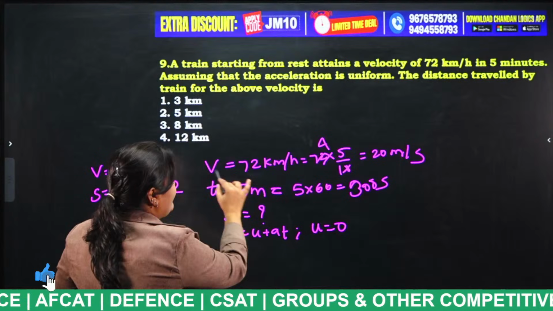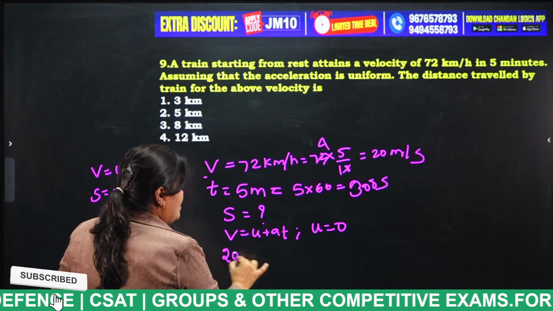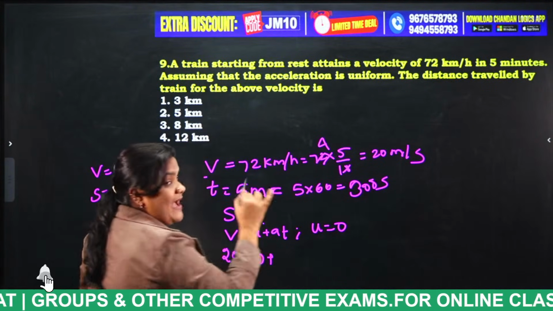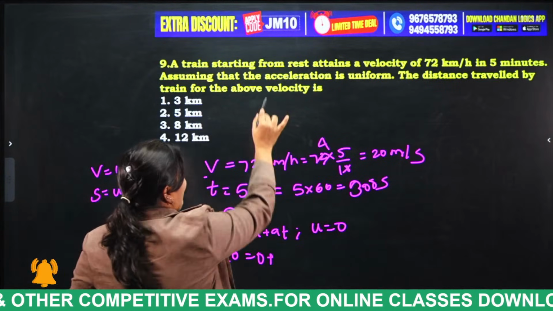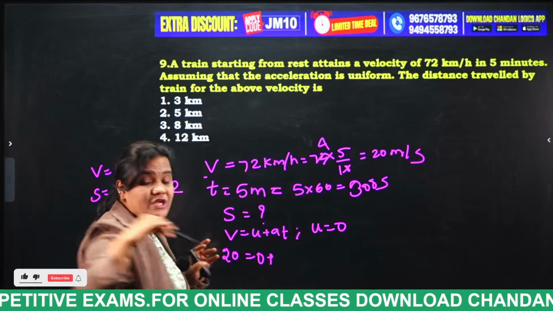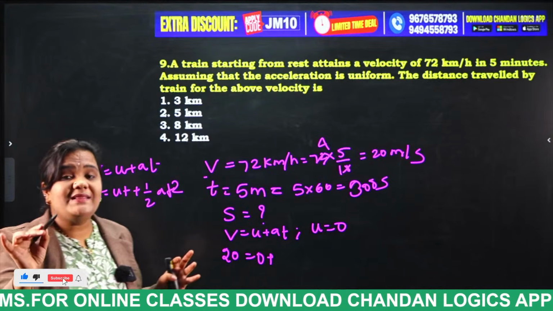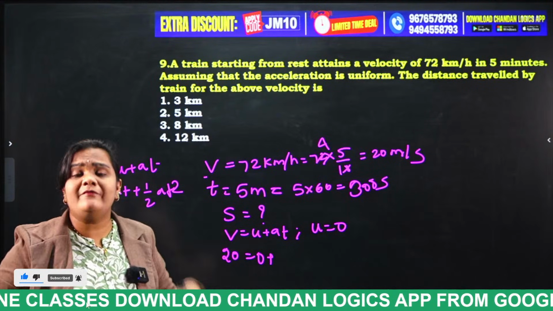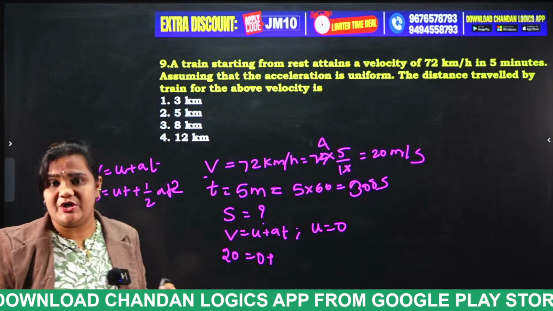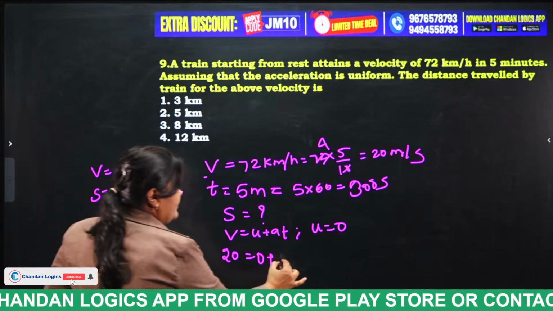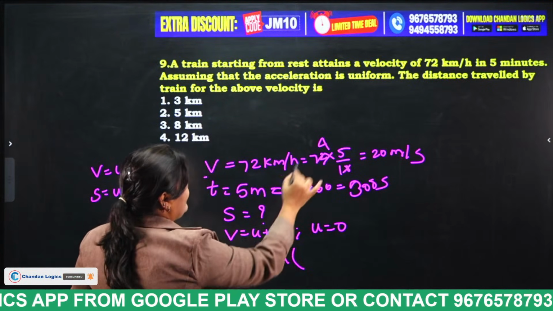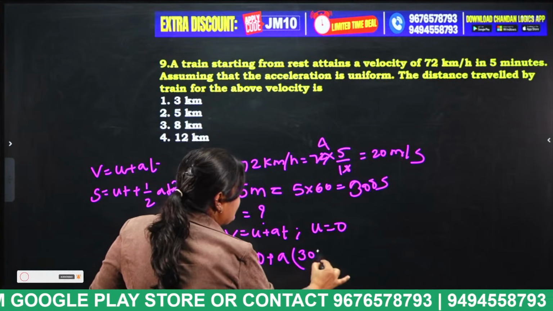We know the value of V, 20 is equal to 0 plus A, and we don't know the value of acceleration. They have given that acceleration is uniform, but we don't know its value, right? So here we don't know the acceleration, and what is the time here? Time is equal to 300 seconds.